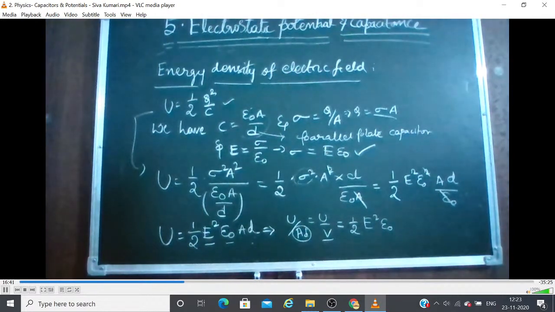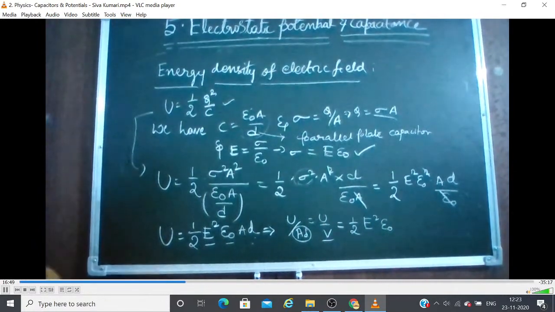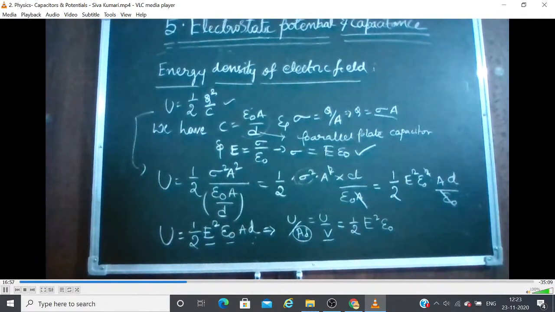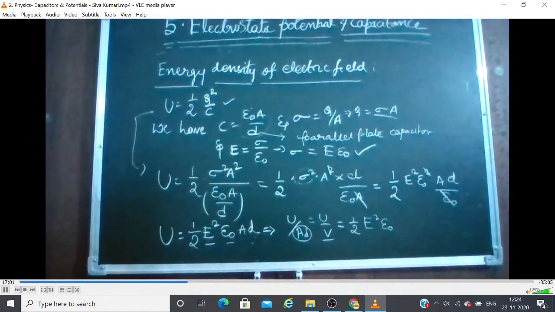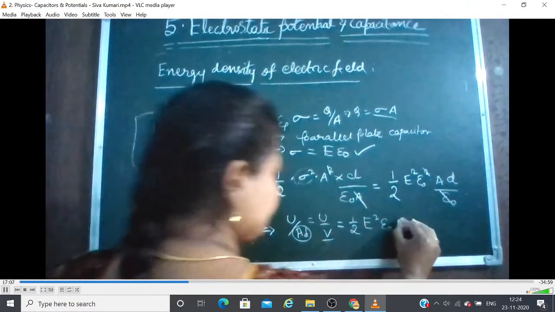Generally, we have already given the equation for the parallel plate capacitor, where C equals epsilon naught A by D. But not only for parallel plate capacitors, we can use this equation for other capacitors too, for the energy density of the electric field: half E square into epsilon naught.